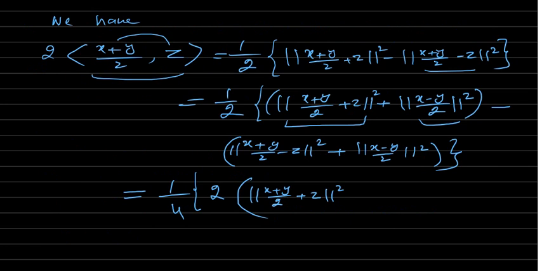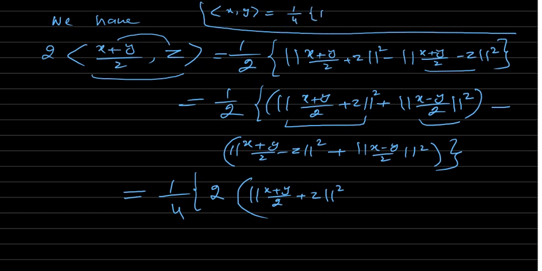Oh yeah, I have skipped one step here. No, it's okay. So by definition, what's the definition? The inner product of x that you defined, you defined it like this, let me write it above, to make it clear for you. It's equal to 1/4 norm of x plus y whole square plus norm of x minus y whole square.